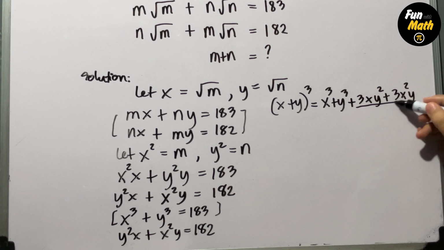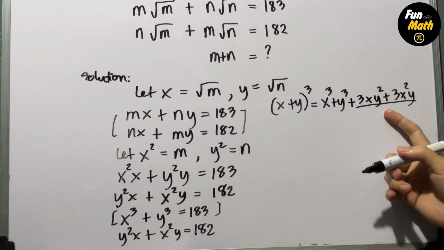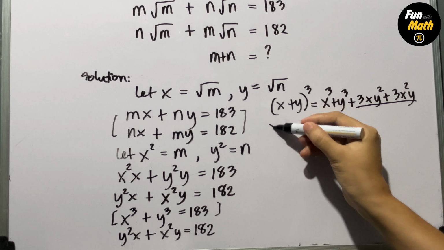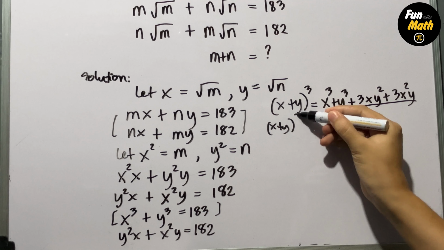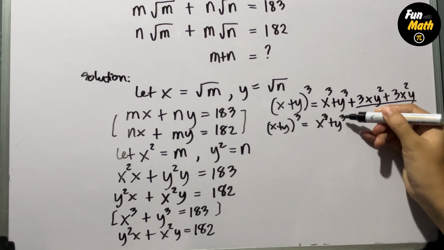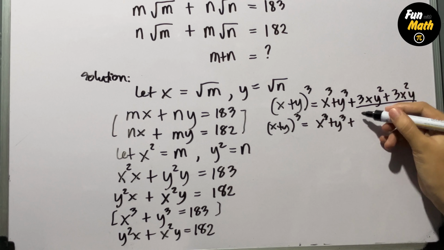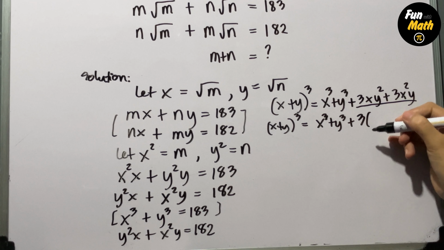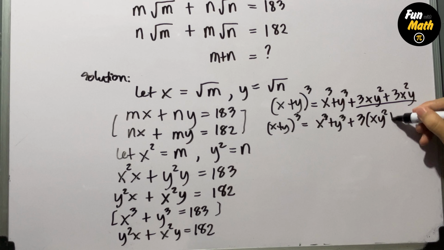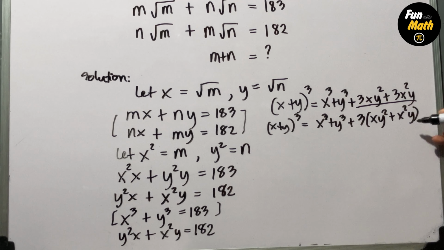And then for this part, the common is 3, so we can factor this. So x plus y whole to the power of 3 equals x cubed plus y cubed plus, the common is 3, times the remaining xy squared plus x squared y.